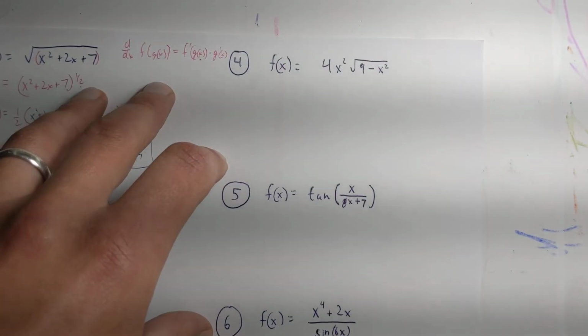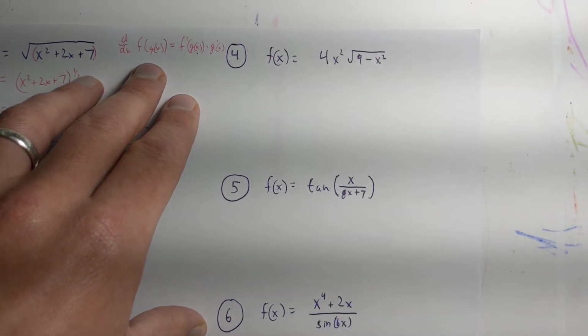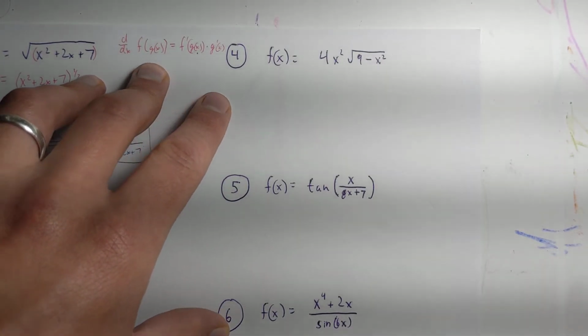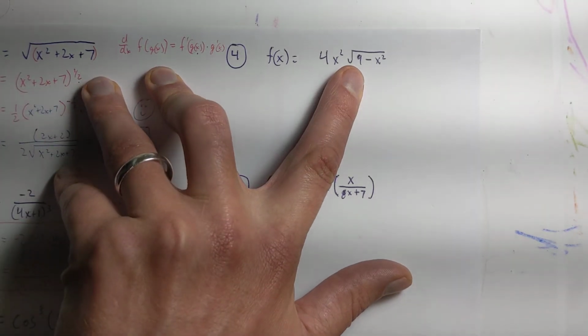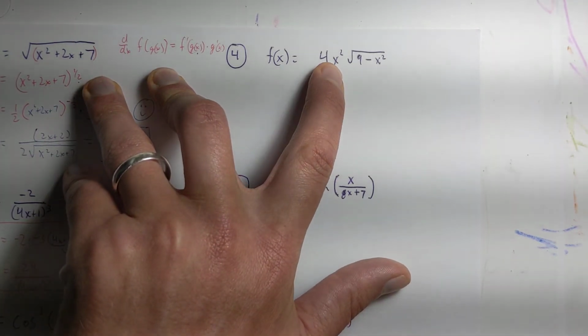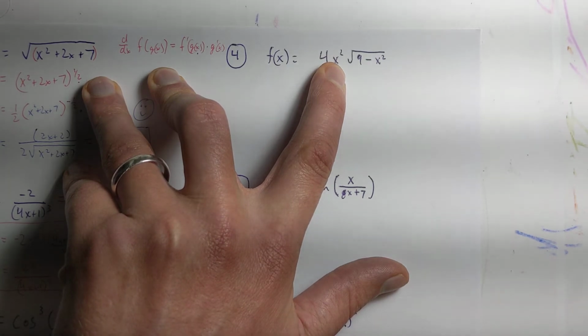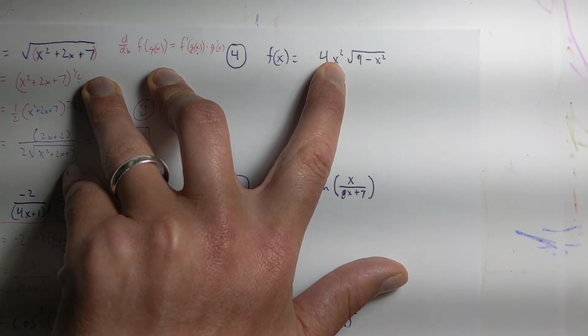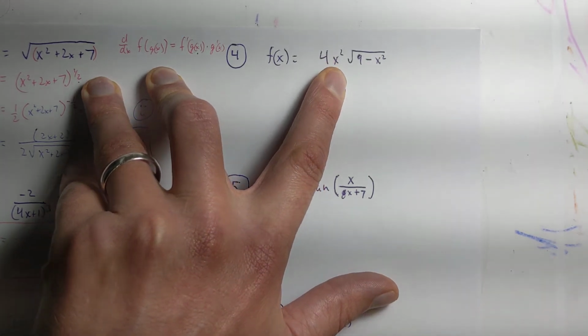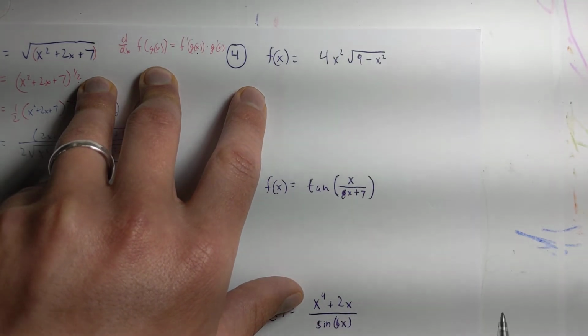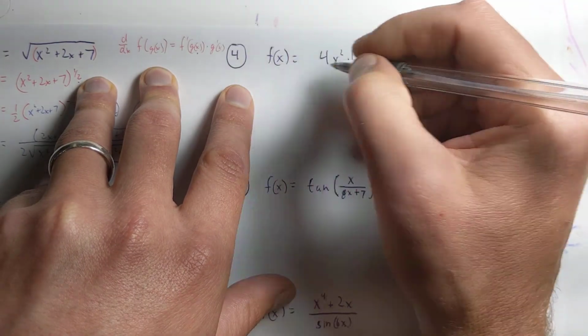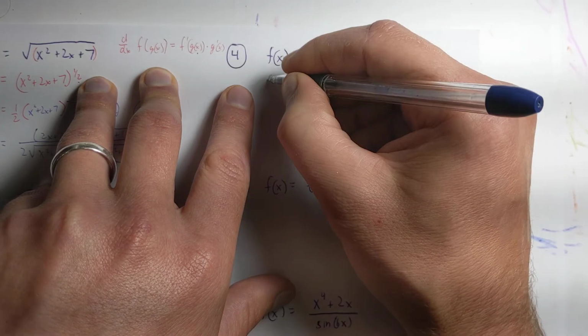All right, on this one, now we're starting to get a little bit tougher because not only is there a function inside my function, but I'm also taking it times another function. This is a product rule and a chain rule in the same problem. So first I'm going to rewrite this.